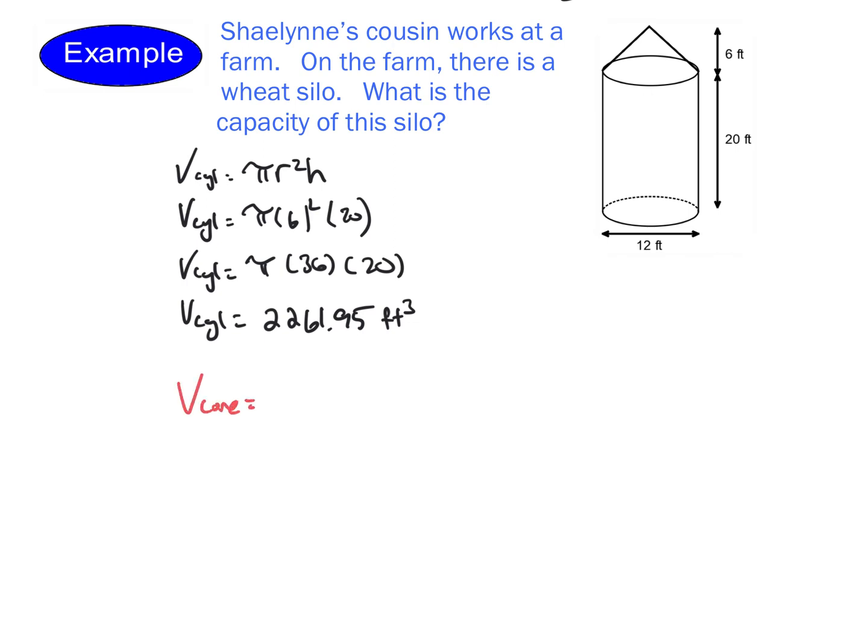We know the formula for the volume of a cone is very similar to the formula for the volume of a cylinder. As a matter of fact, it's identical, except there's a 1/3 at the beginning. It's 1/3 pi r squared h.